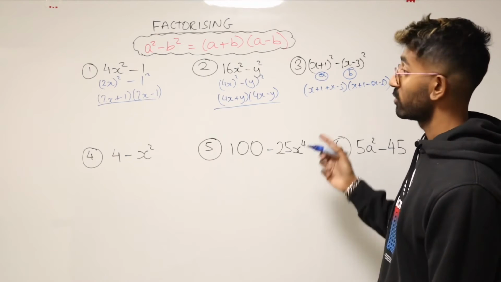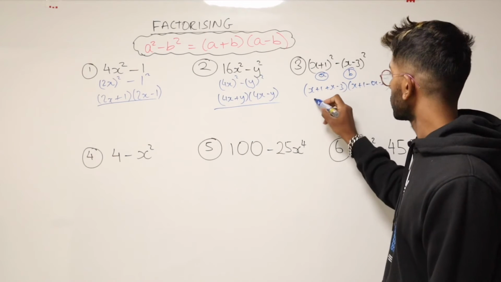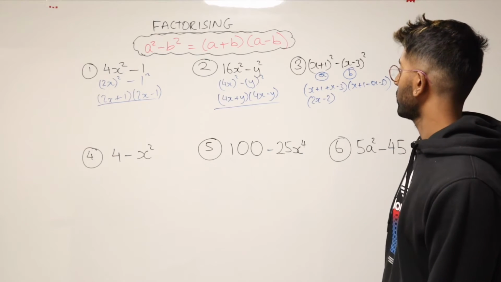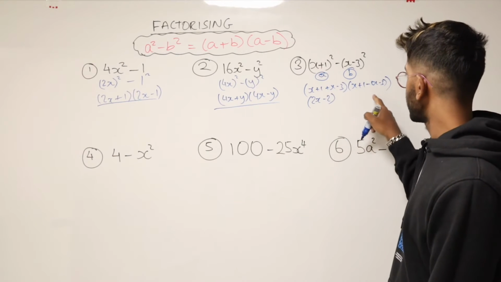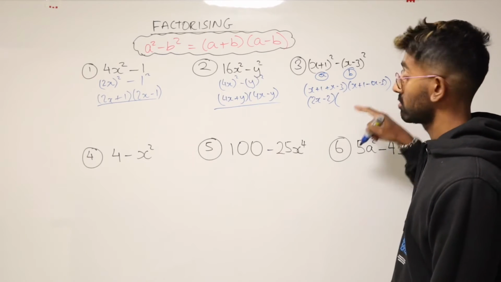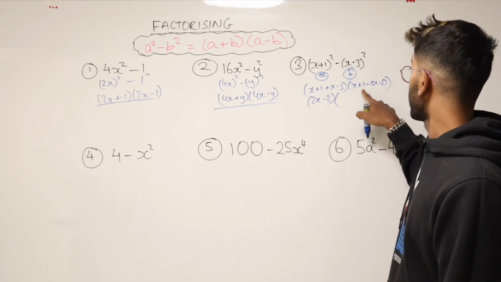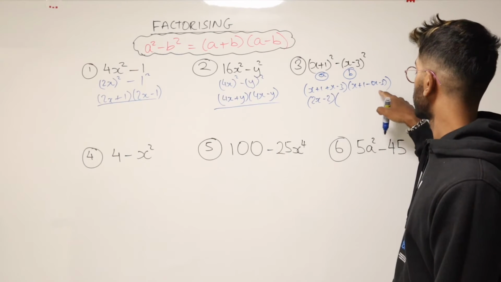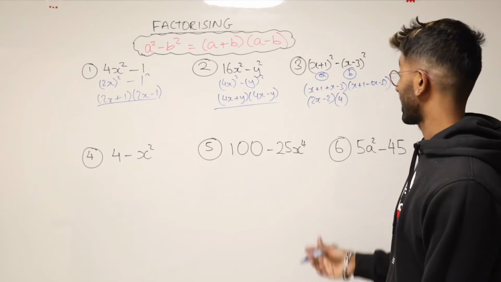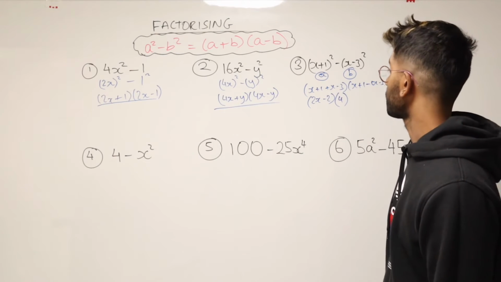So for the first bracket, we can collect it together, make it a bit neater. So we'll have 2x minus 2 inside that first bracket. And then for the second one, we'll have, well, x minus x. So actually that's nothing. But then 1 minus 3x is just going to leave us with 4. So that second bracket there comes out quite nicely actually.